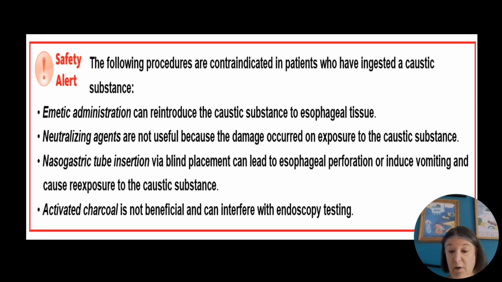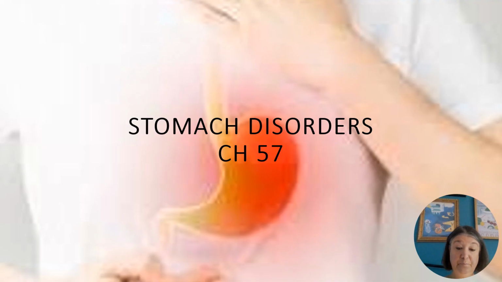You want visual confirmation of how and where you're placing something. Activated charcoal is not beneficial and can interfere with endoscopic testing. So basically, if we give the person charcoal, we then may go in with our scope to see what's going on and not be able to see anything because the charcoal's in the way.